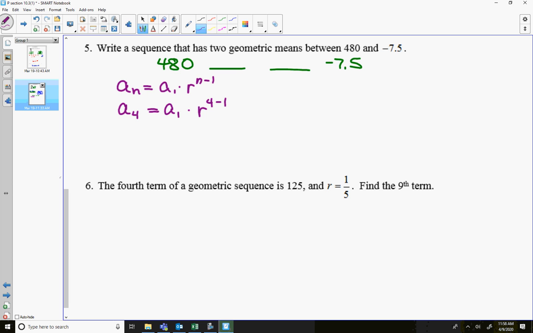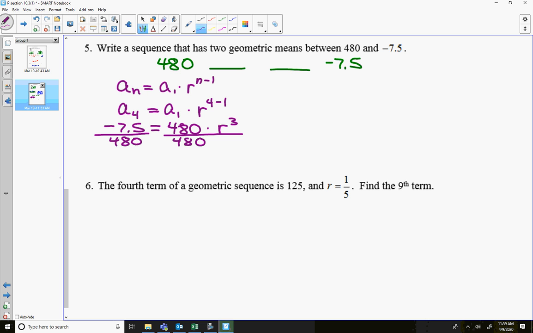Let's see, fourth term is negative 7.5. First term is 480. It's that common ratio that we don't know. That's what we're solving for. Solve for your unknown.